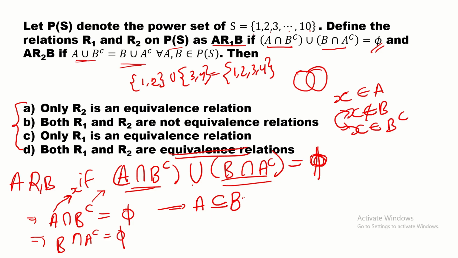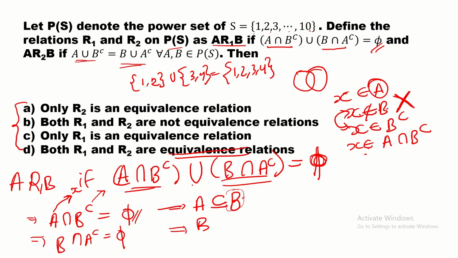So if X belongs to A and X belongs to B complement, then X will also belong to A ∩ B complement. But we know that A ∩ B complement is equal to ∅, which means the assumption that X does not belong to B is incorrect, and therefore all elements of A must be elements of B. Therefore, A is a subset of or equal to B.